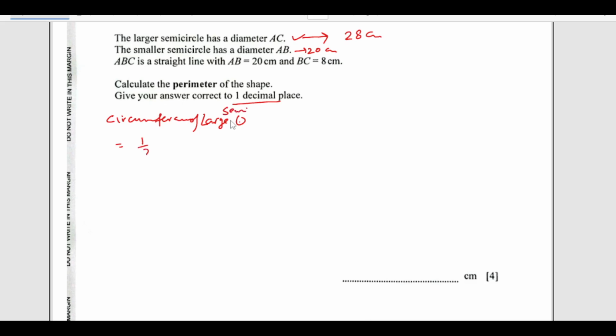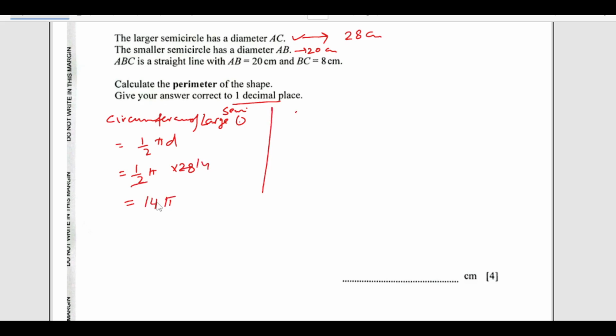So this is half pi d. Because we have the diameter, we can directly use half pi into 28, right? So I can write it down as, this is going to be 14 pi, right? This is 14 pi, because half of 28 is 14.